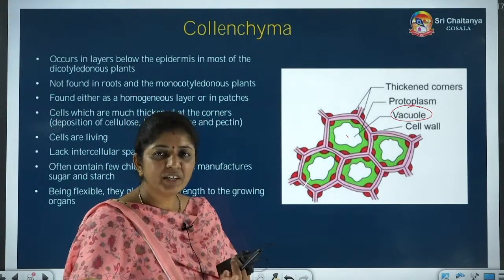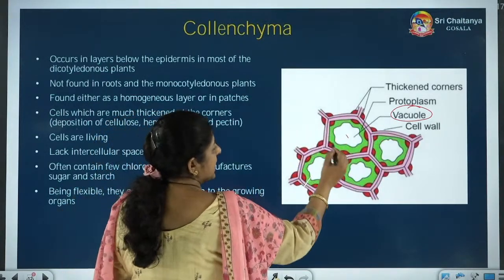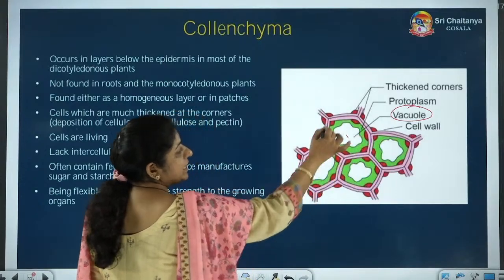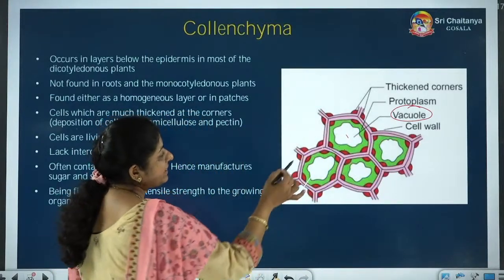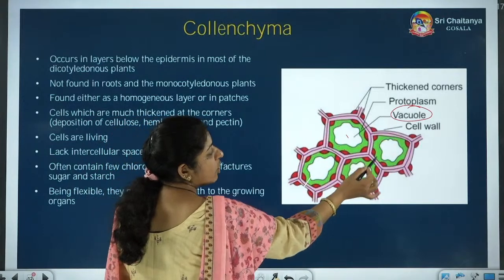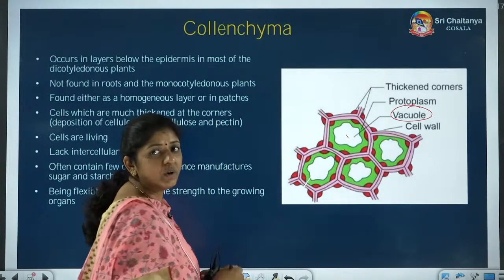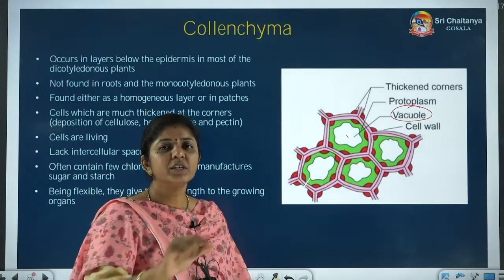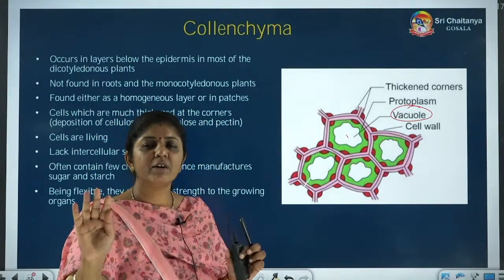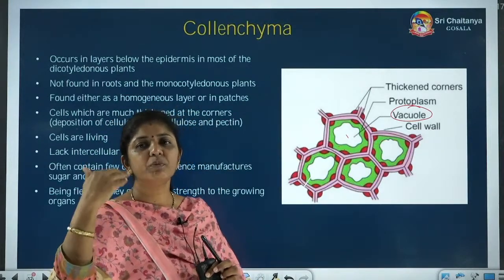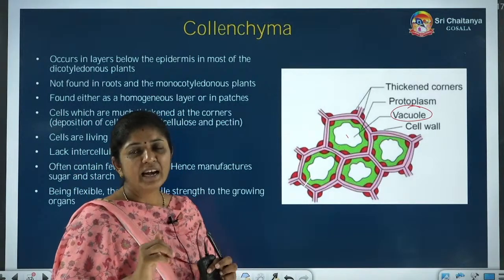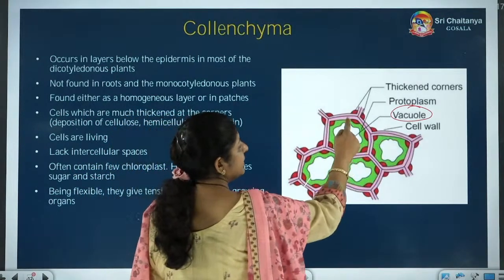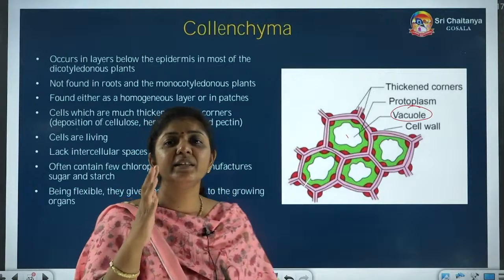But what are the main features of that? It is having chloroplast. That's why it is green in color. Fine. And thickenings, can you see it is only at corners? Right? Only at corners, not uniformly on the cell wall. Clear? No intercellular space. They have chloroplast to perform photosynthesis. And the thickenings being at the corners, they will provide mechanical strength.